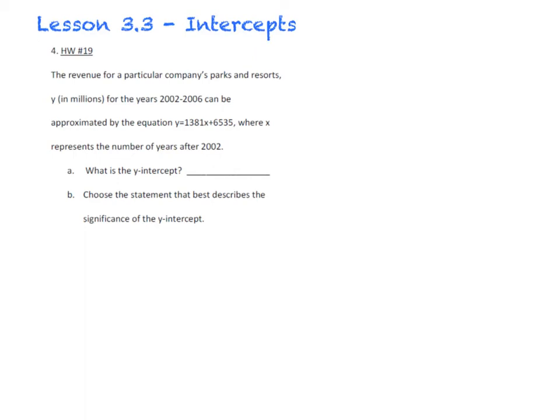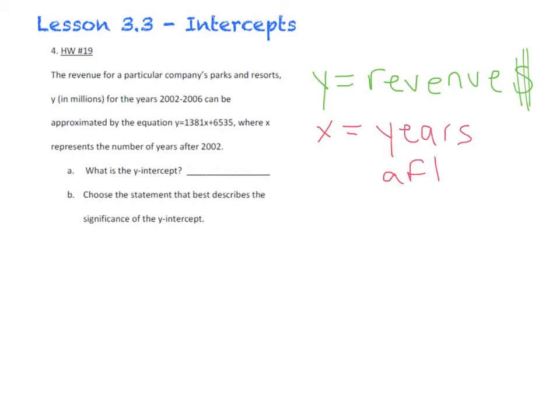So basically, Y is the revenue, which means money. And X are years after 2002. So we've identified these things. It told us this in our word problem, and that's important.